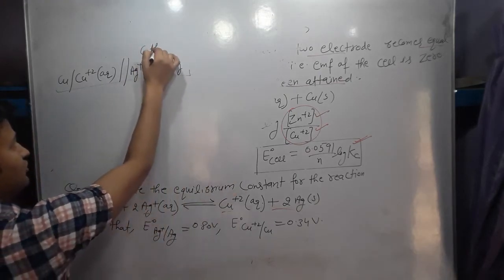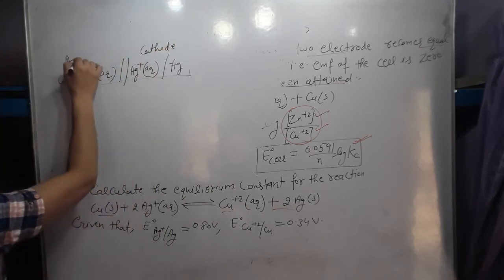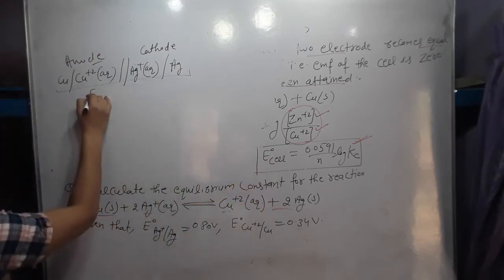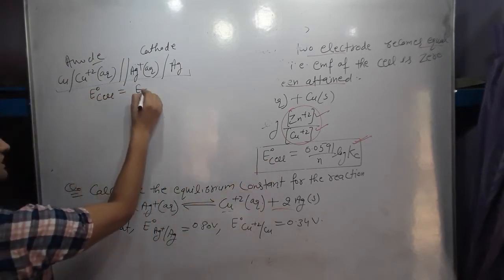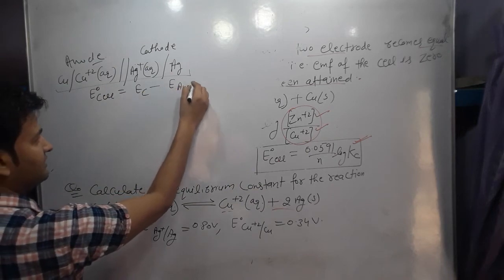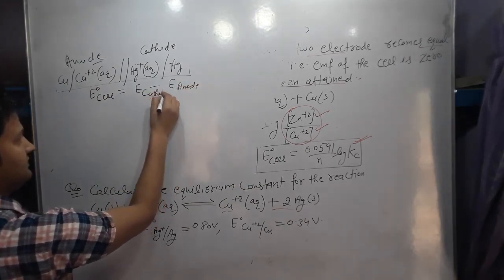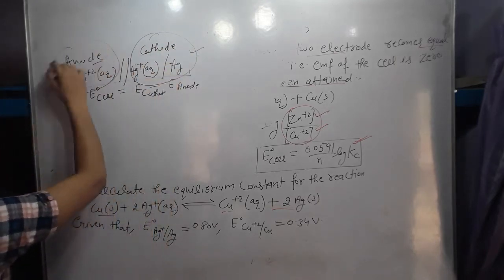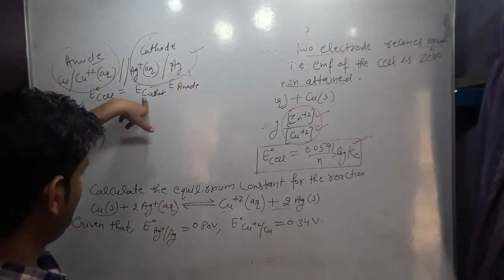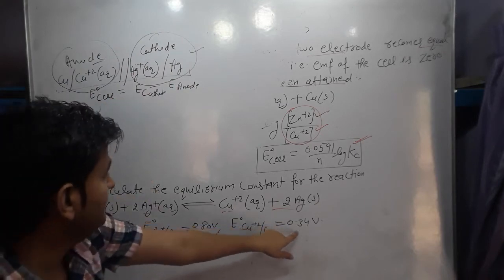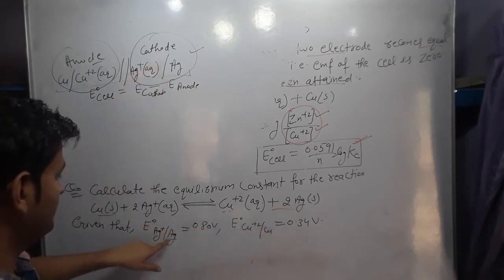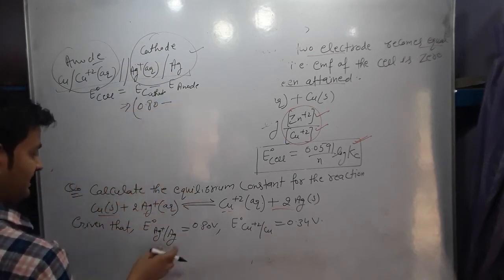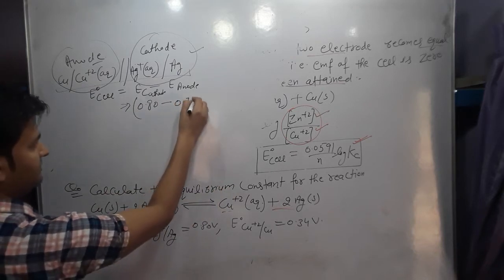The cathode is on the right hand side, the anode on the left hand side. So we can calculate E naught of the cell: E cathode minus EMF at the anode. At the cathode the ion is silver, and at the anode the ion is copper. So for the cathode, silver ion, it is 0.80 minus, at the anode, 0.34 volt.